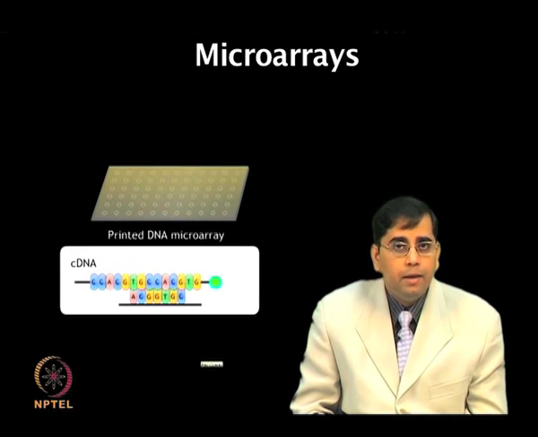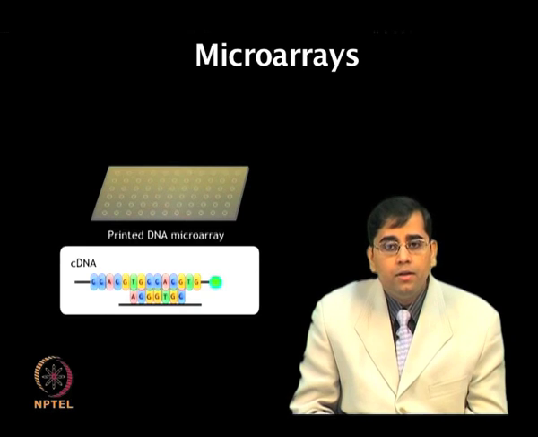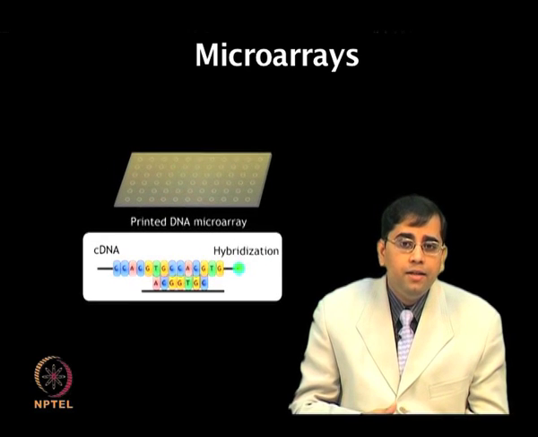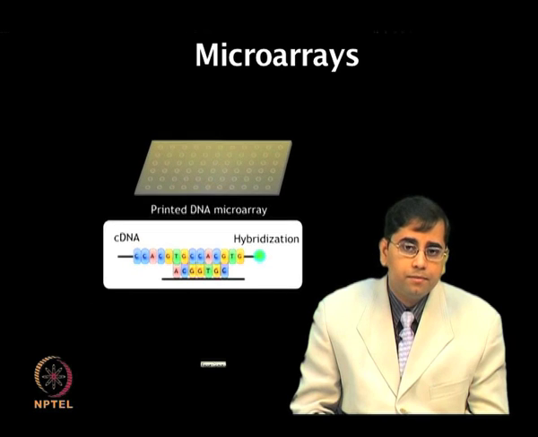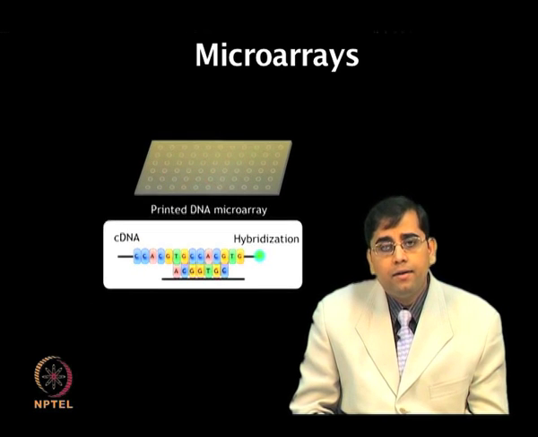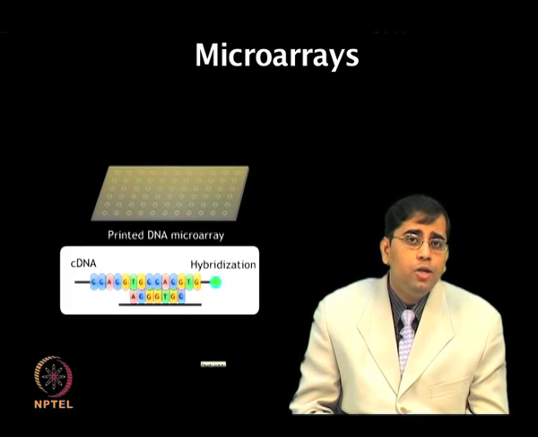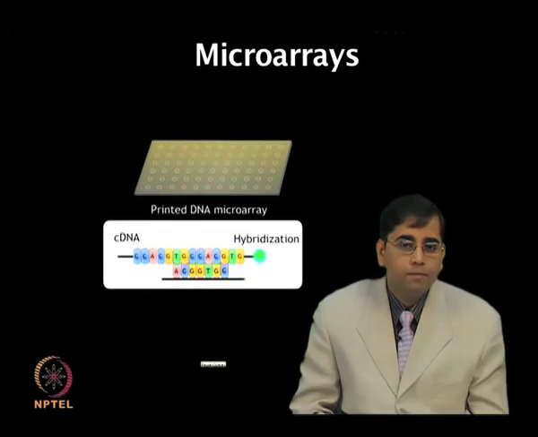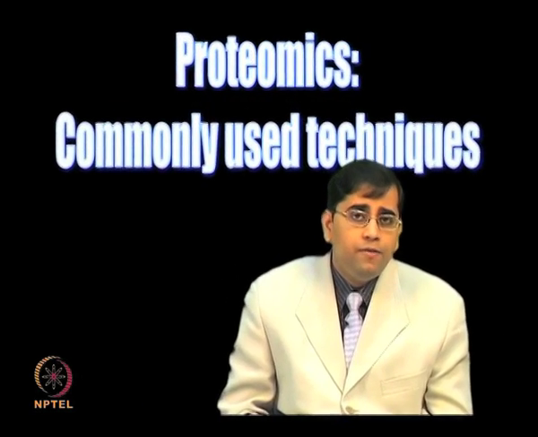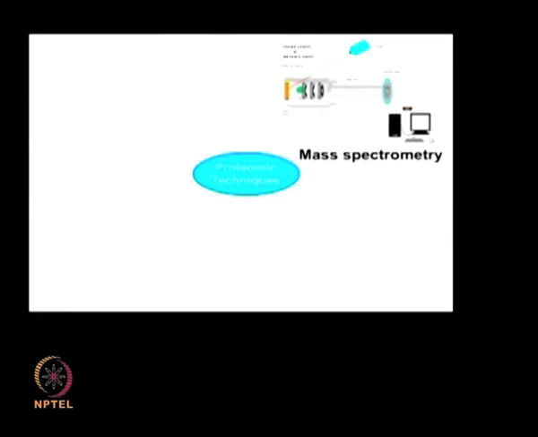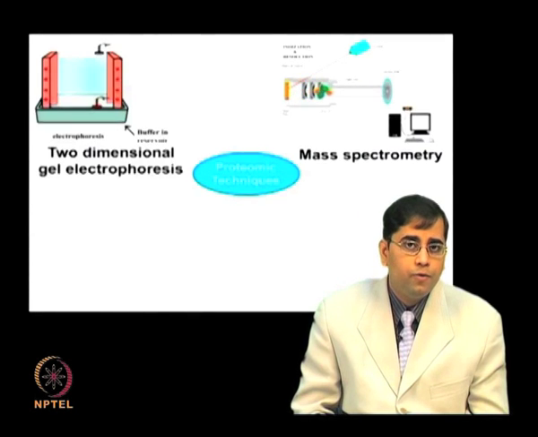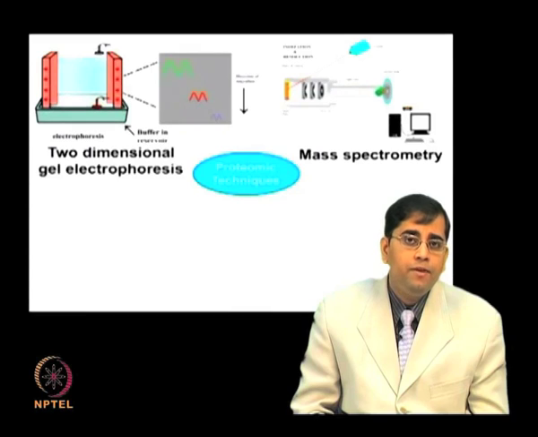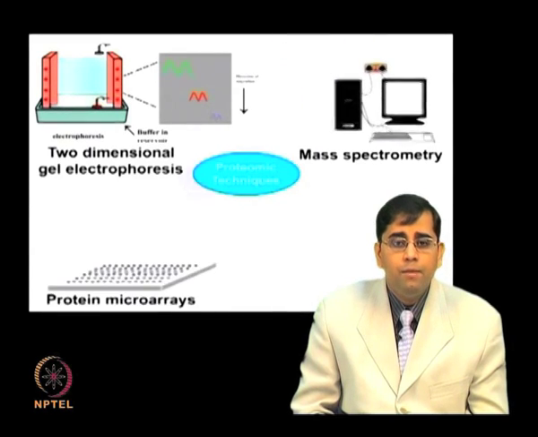This allows hybridization to occur between the probe oligonucleotide on the array surface and the labeled cDNA sample of interest. In this manner, the expression level of thousands of genes can be measured and analyzed simultaneously. Different types of proteomic technologies such as two-dimensional electrophoresis, mass spectrometry, microarrays and label-free techniques will be discussed in more detail later.